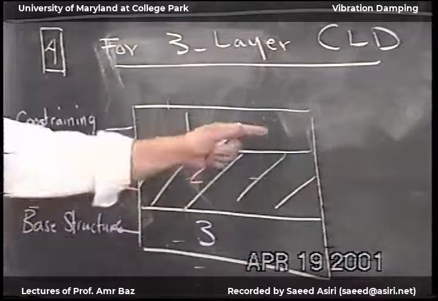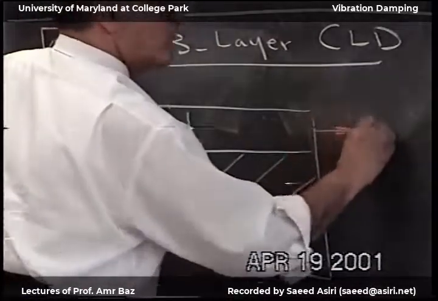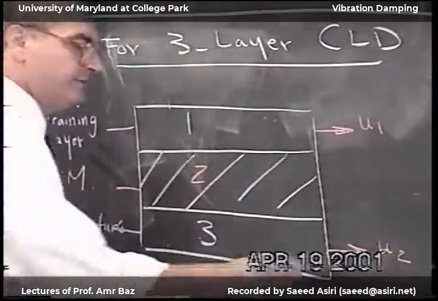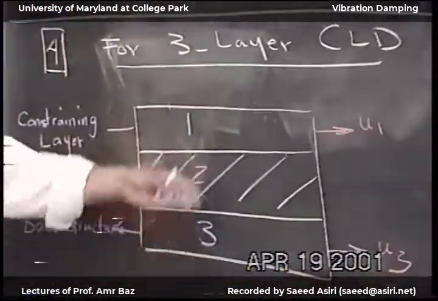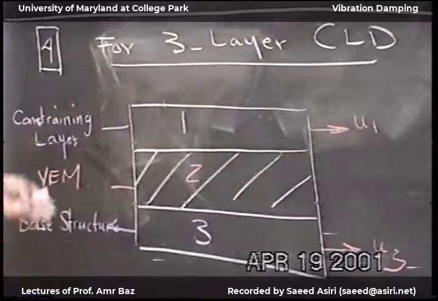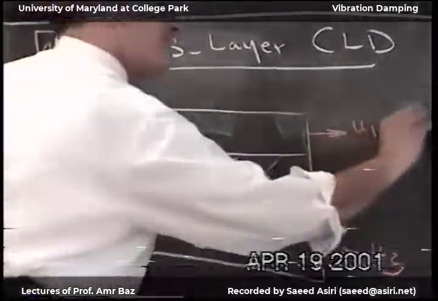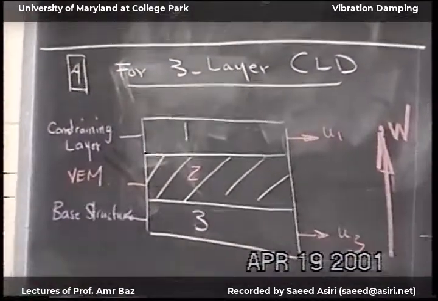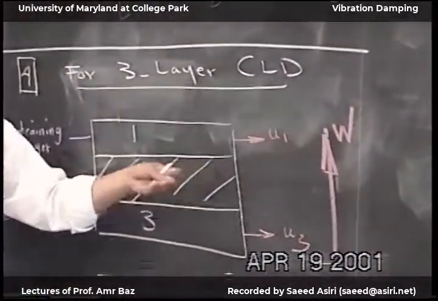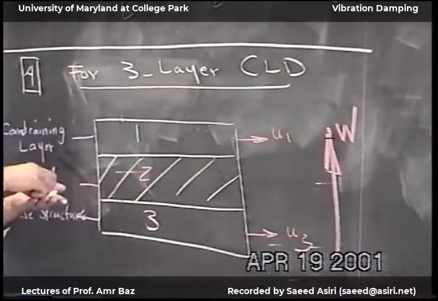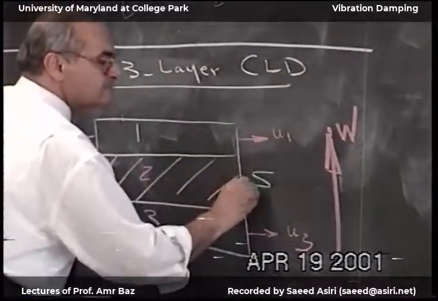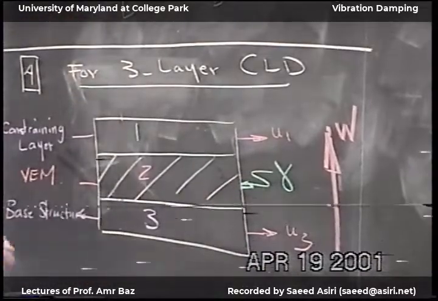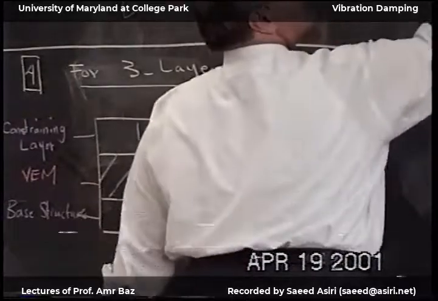And this moves U1, this moves U3, I'm sorry. And then the entire assembly moves in the transverse direction, W, and as a result, the viscoelastic material shears at an angle gamma. So these are the parameters that we have. We wrote down the geometry.